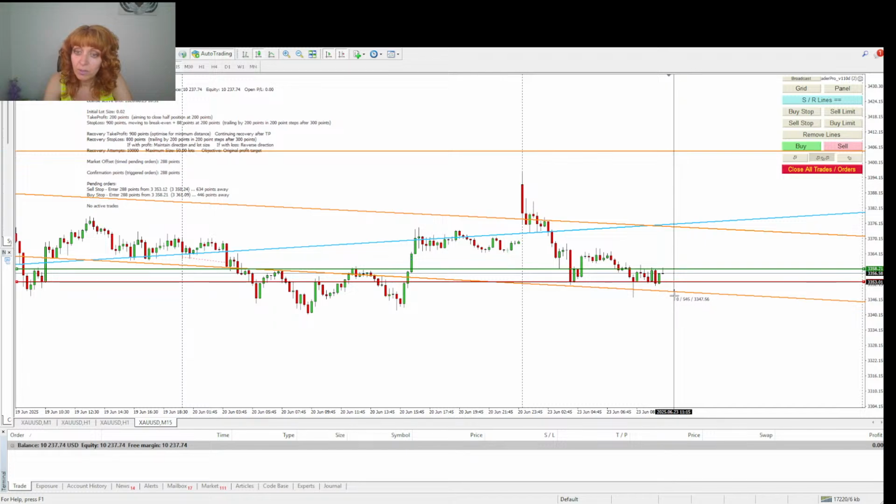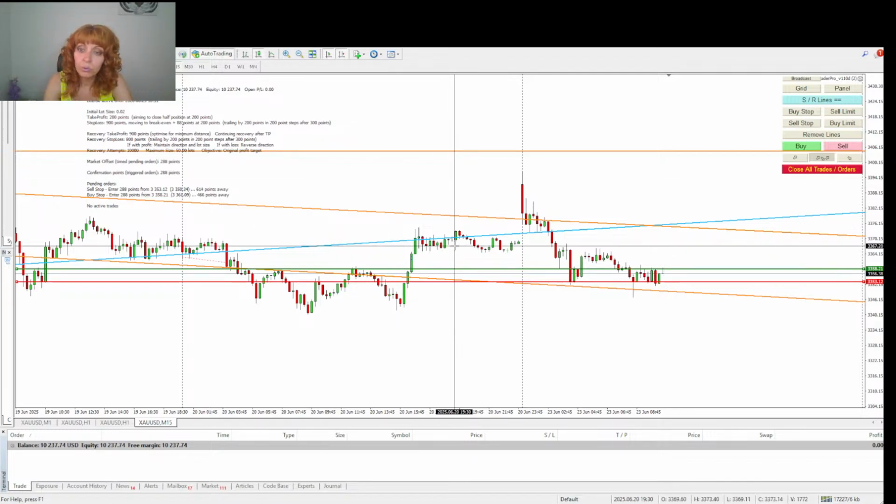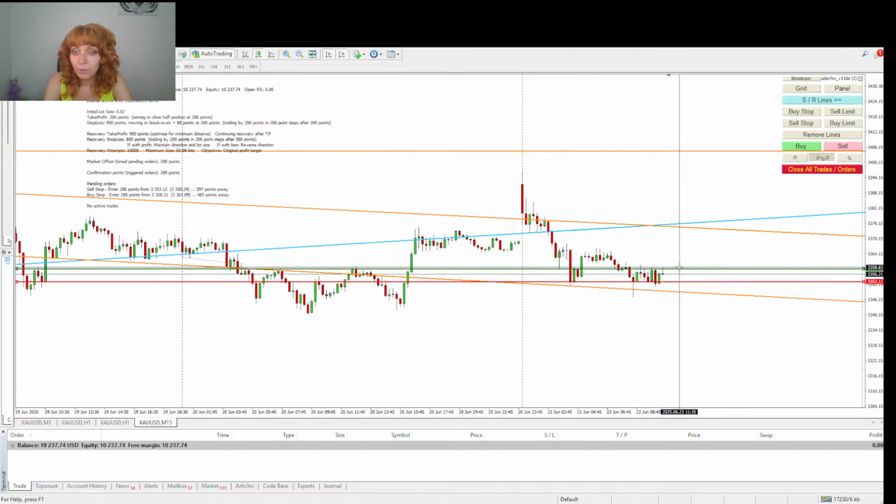So I'm calculating based on this pin that if it goes down it will cover that pin and go maybe further down, or if it goes up there's a good distance to the previous tops. If it goes up around here, it's about 800 points or even further, but at the first 200 points I close half the position and then it will run by trailing stop.